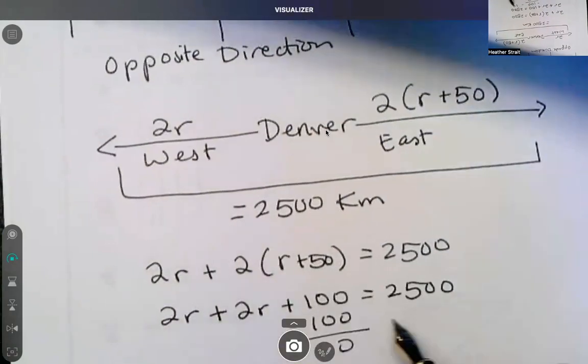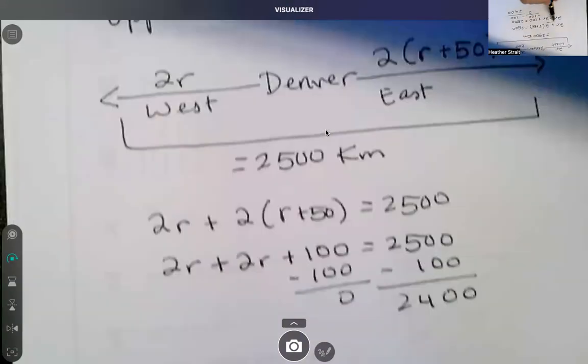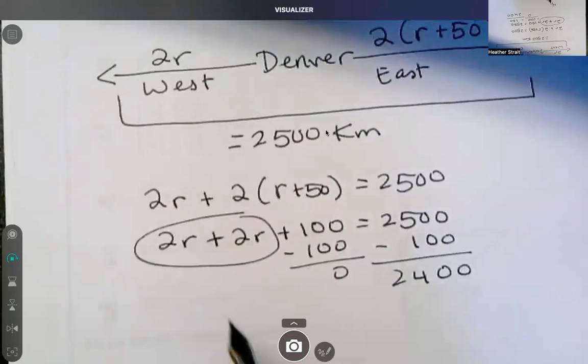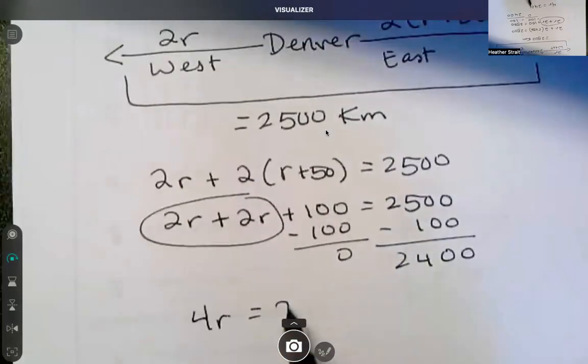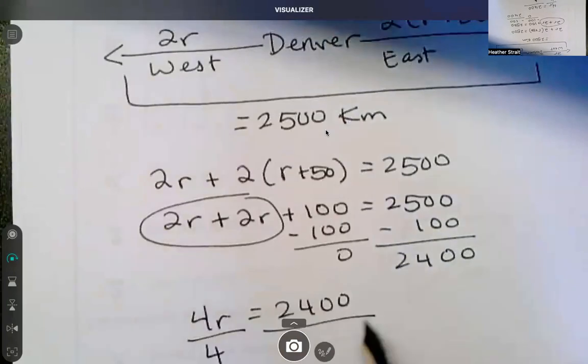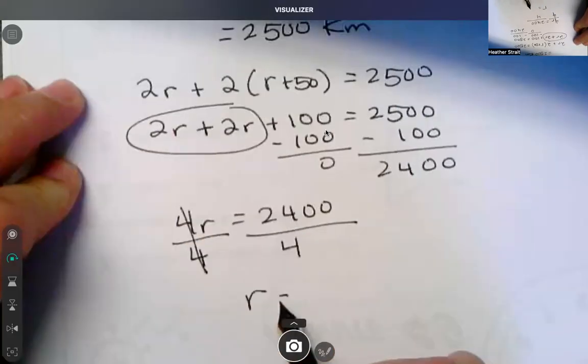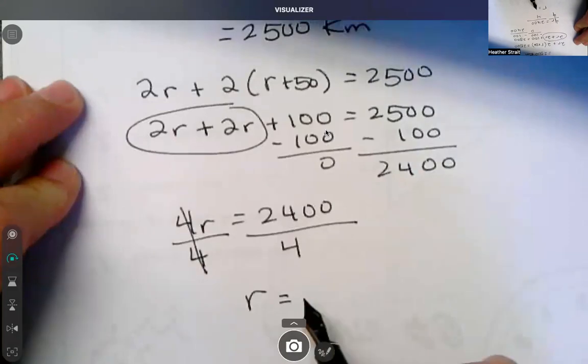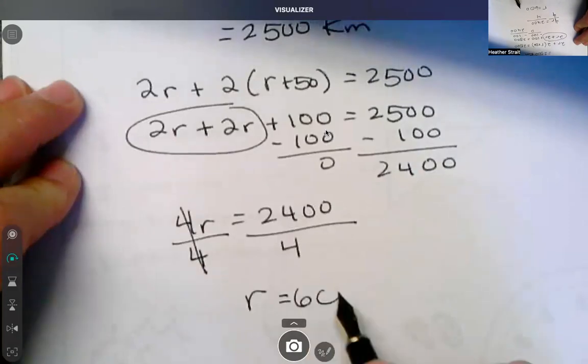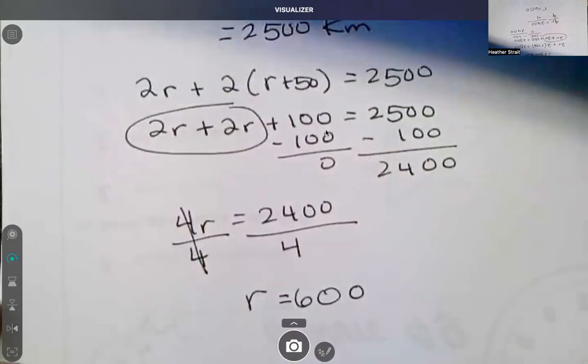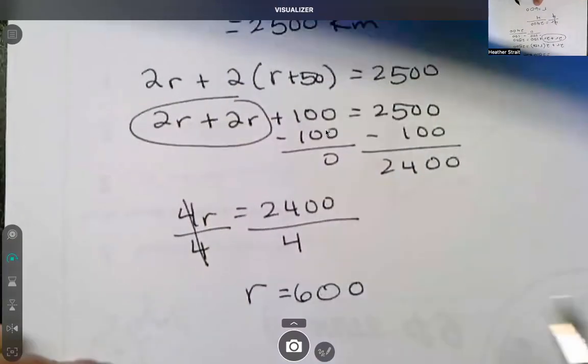And let's see if I can do this without making a mistake this time. 4R equals 2,400. Oh, I see a nice even number coming out. So the rate is what, 600? Yeah. The rate is 600.